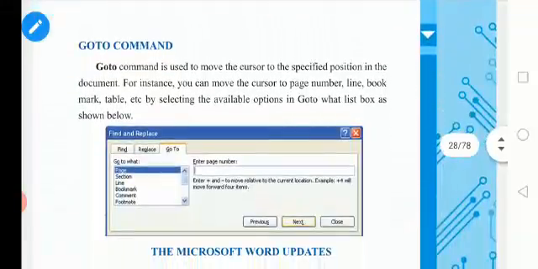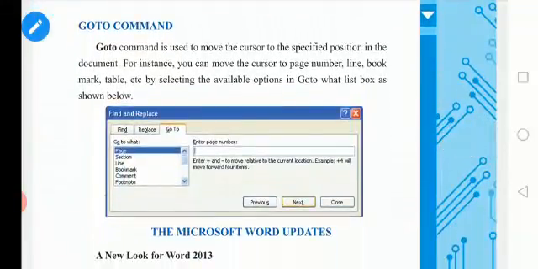Then the go to command. What is go to? We have to specify some position to move the cursor, isn't it? So the go to command is used to move the cursor to the specified position in the document. For example, if your document is about 20 to 30 pages and you want to move to the 10th page, will you scroll one by one? It will take some time.